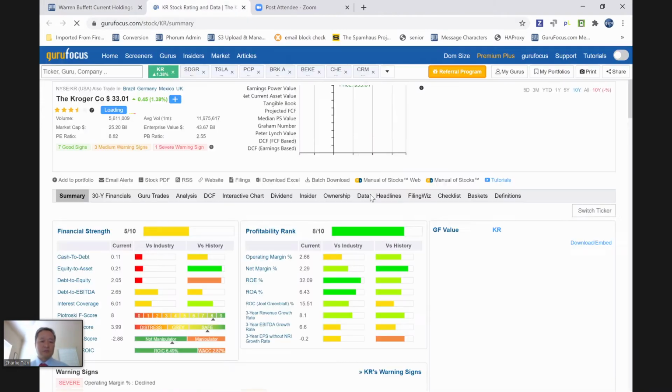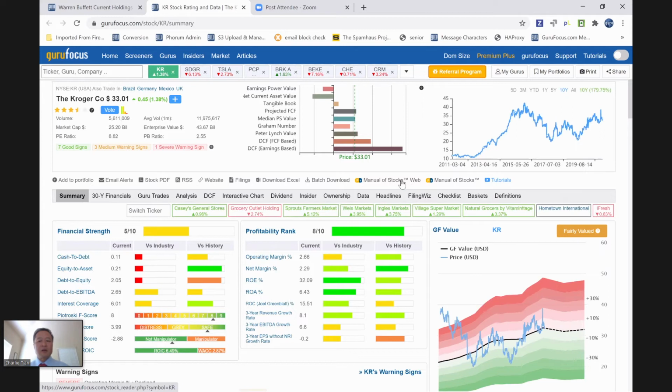We all know what it's doing, and Kroger has a P/E ratio of only 8.8. This is actually unbelievable. Warren Buffett is buying companies with P/E ratios of 13 and 8.8, while the hot technology stocks are traded at around 30, 40, 50s P/E ratio. And Warren Buffett is buying very low valuation companies.